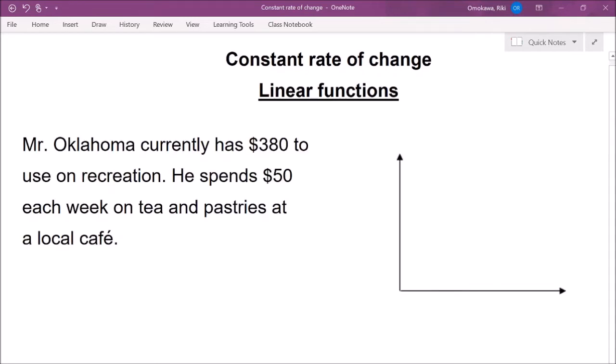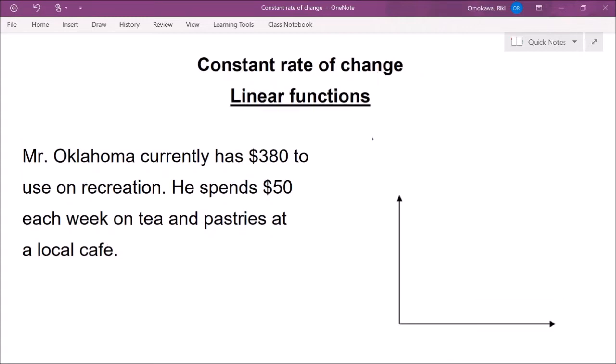So here's an example. It says, Mr. Oklahoma currently has $380 to use on recreation. He spends $50 each week on tea and pastries at a local cafe. And so remember, this type of situation can be modeled by a linear function or a linear equation. So let's say M for money, and then this person starts with $380.